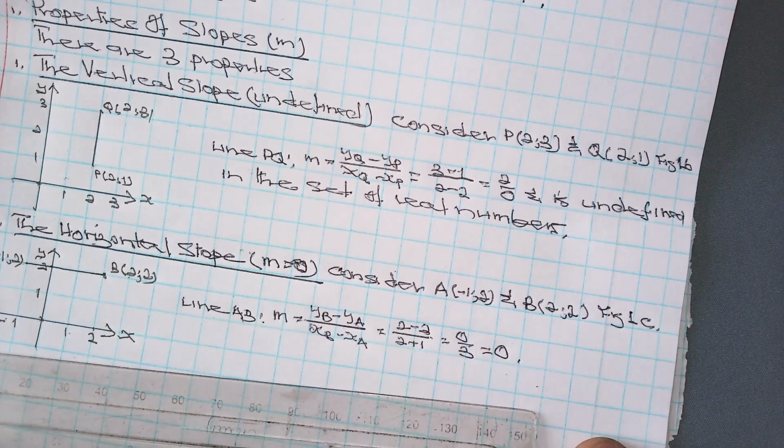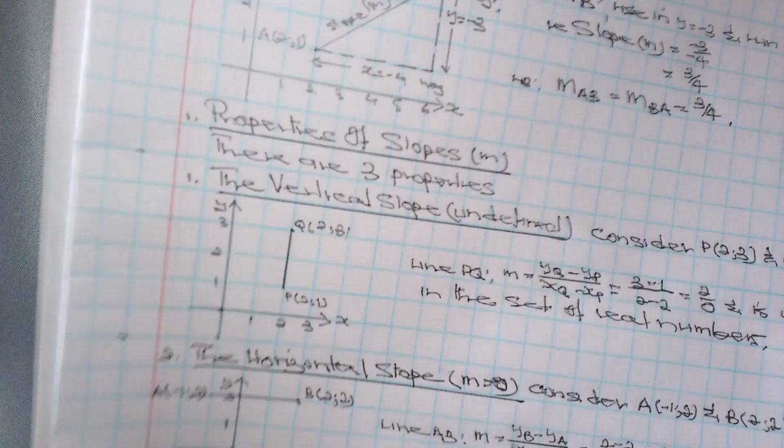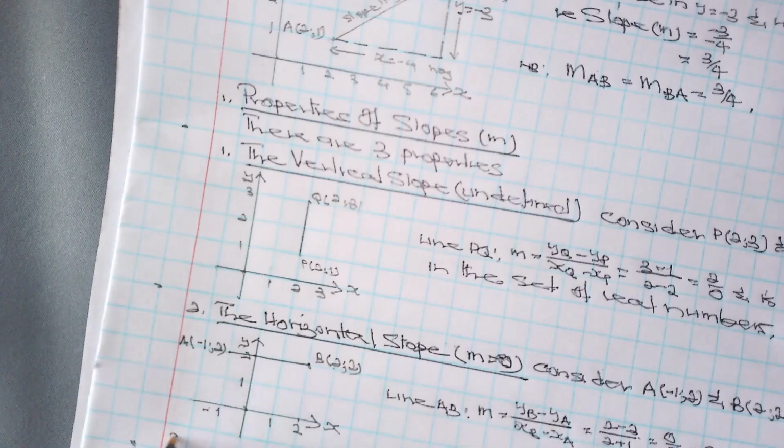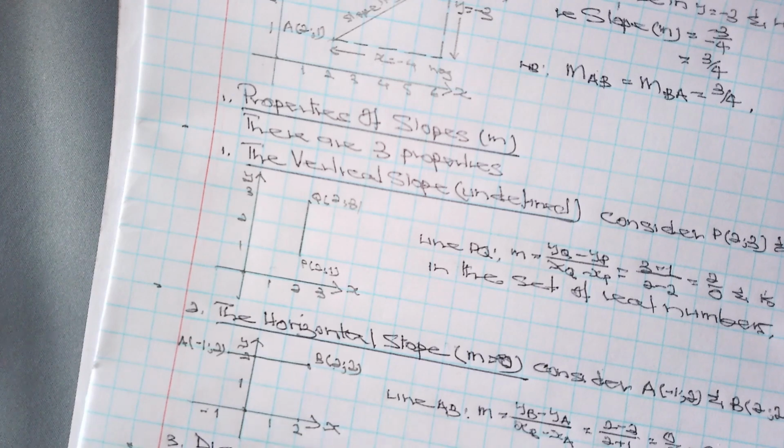Right. Then we move to the third one. The third one is diagonal slopes.